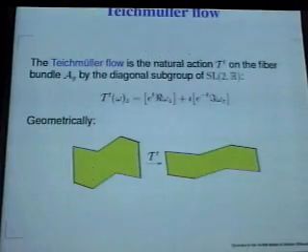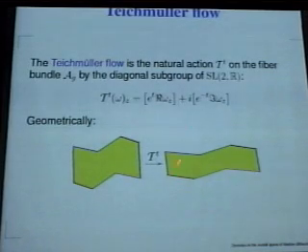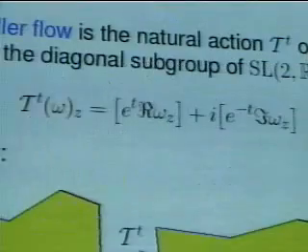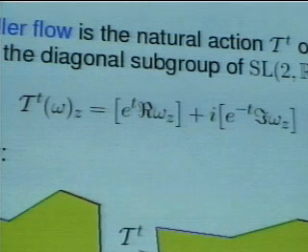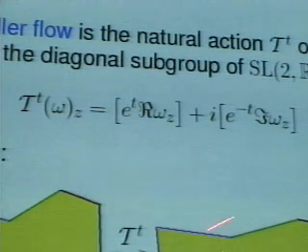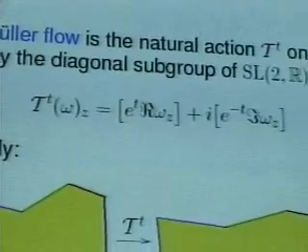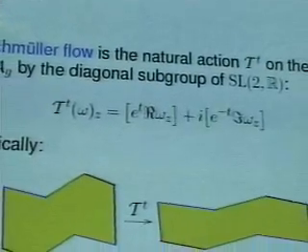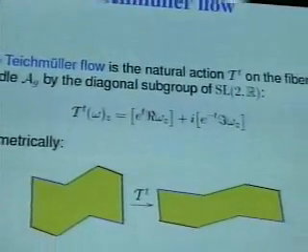It may seem to you that this cannot possibly be very interesting because the action is so simple, but you should not forget that polygons are just a way to represent translation surfaces. So it doesn't mean that the surface is getting longer and longer and thinner because you can rearrange the polygon. And actually, this flow has a lot of recurrence and has very interesting dynamical properties.